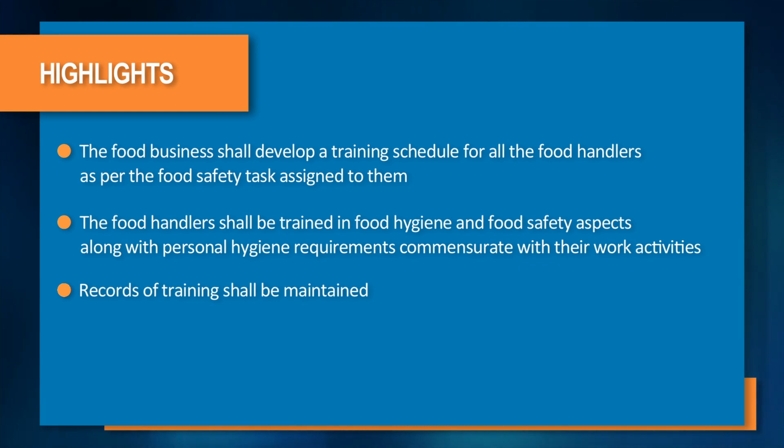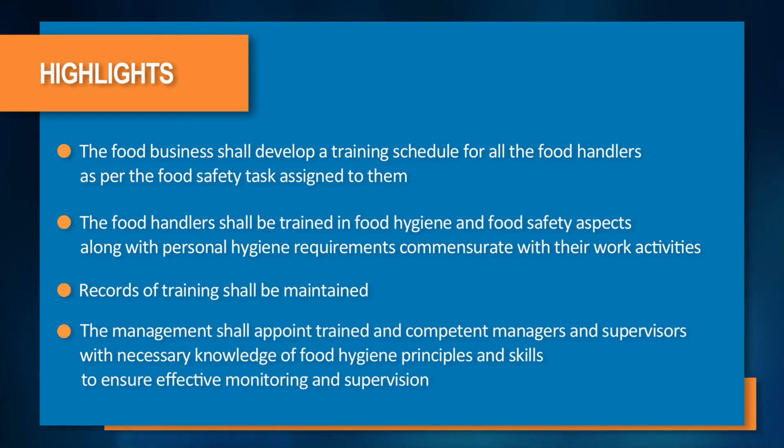Records of training shall be maintained. The management shall appoint trained and competent managers and supervisors with necessary knowledge of food hygiene principles and skills to ensure effective monitoring and supervision.